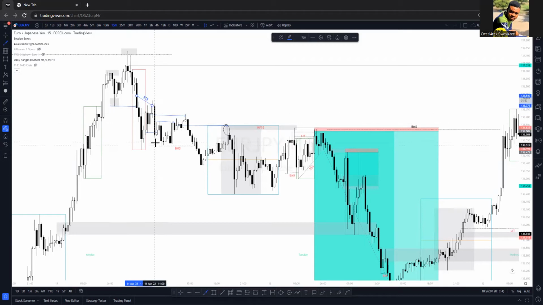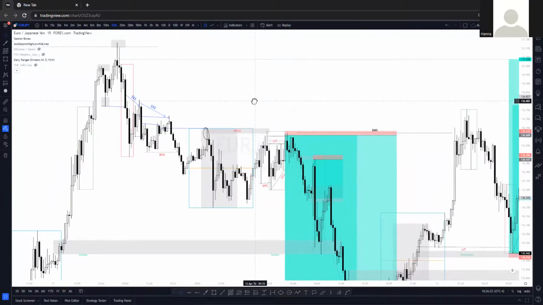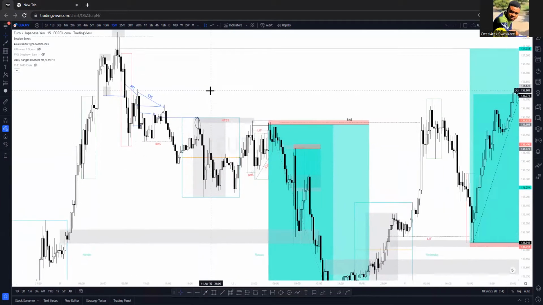A break of this minor structure. Price went back to mitigate this other block. So we had money transfer from this other block to this place now. So this is how to work the chart to know candle by candle where money is in the market. So right now you know that money is not here, and again money is here. It has been transferred from here to this place.